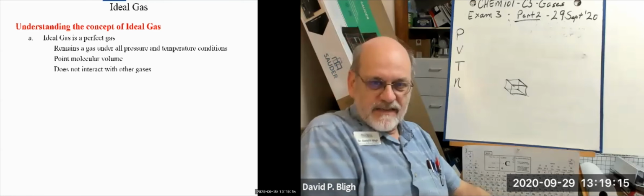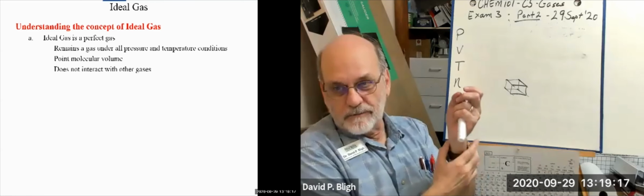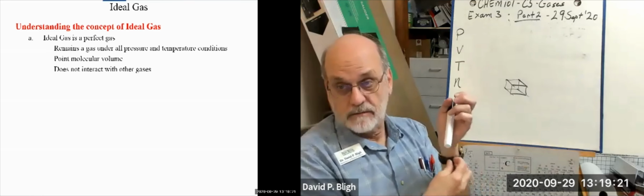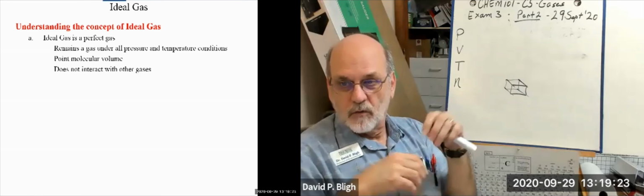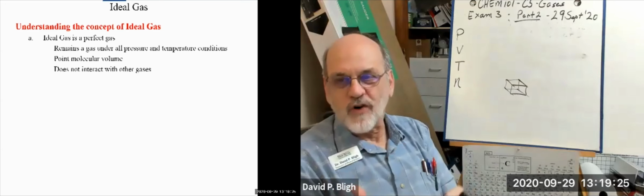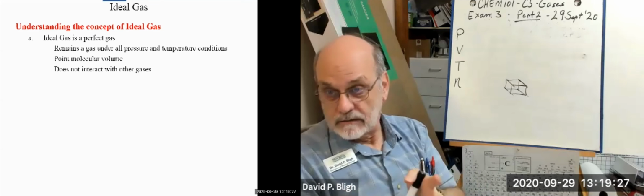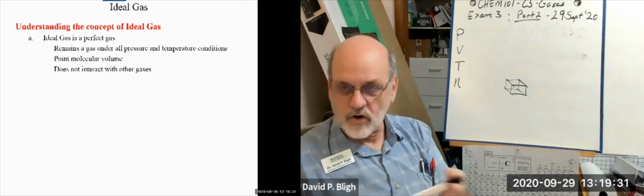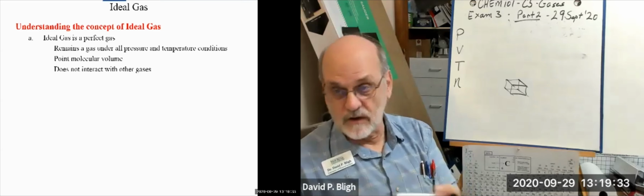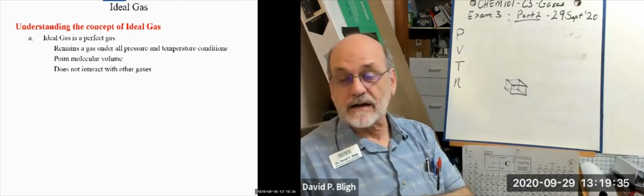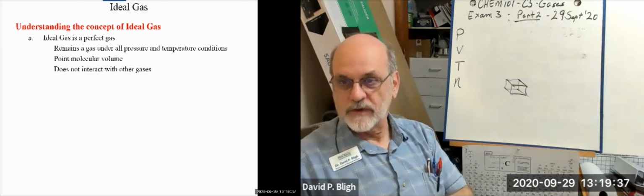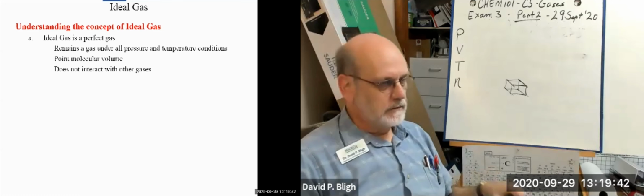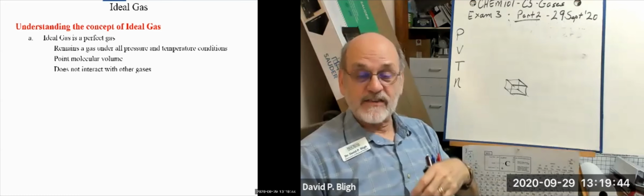We also have to say that the gases don't interact with one another. What we mean by that is when they encounter one another, they don't repel or attract chemically or physically for that matter. They're not electrostatic charged. There's no gravitational attraction. They just act like billiard balls. When they encounter one another, they just bounce off. That's what we mean by gases don't interact.